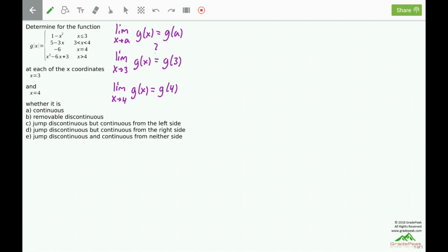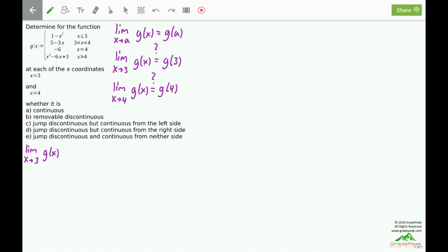Now we don't know whether either of these are true yet or not, so we'll put question marks above them, but if they are true, those are the conditions needed for it to be continuous at each of those x coordinates. The first thing to work out here is the limit as x approaches 3 from both sides of g of x.